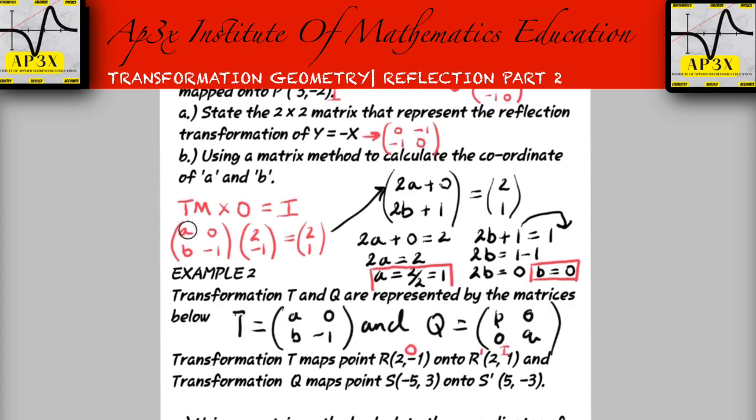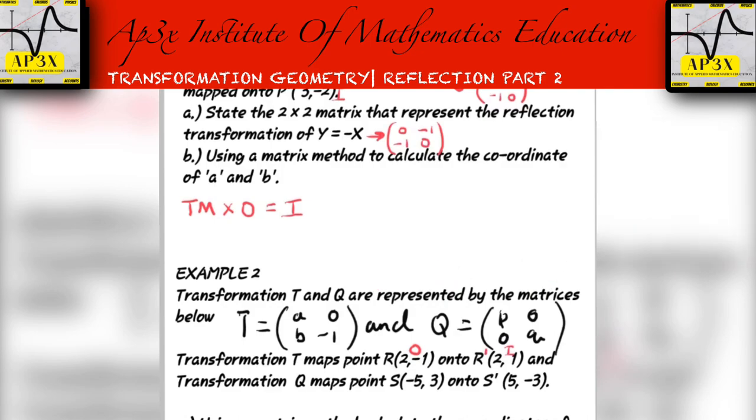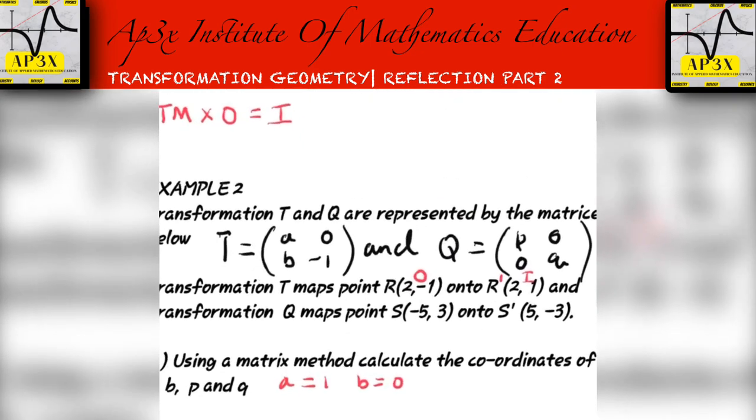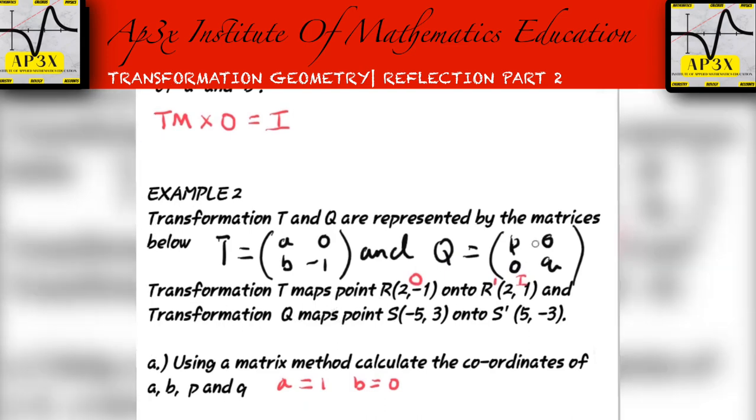All right, and then we're going to erase this information here, and go ahead and redo the calculation, but this time we're going to be doing it for Q. So transformation Q, which we know now is P 0 0 Q, and that again is going to multiply the object point, but this time we're going to be using minus 5, 3.